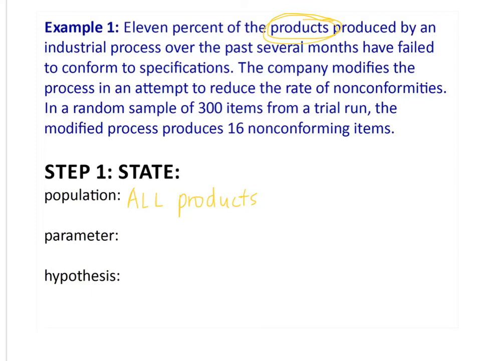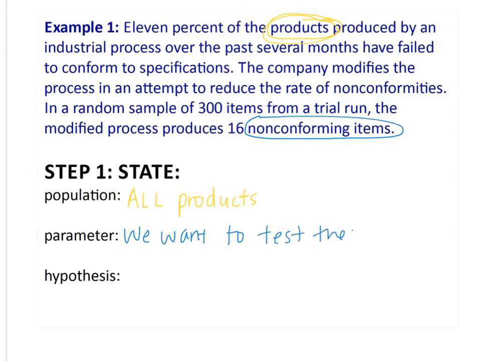It's just the products that are being produced. The parameter would be, we want to know what percent are nonconforming items. So we're looking at how many items are nonconforming, so we want to test the percent of nonconforming items.